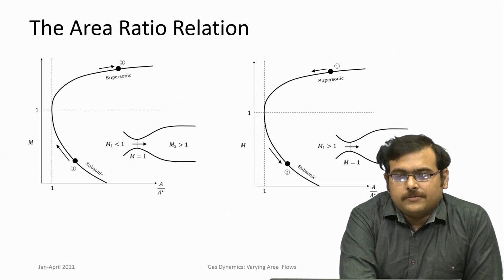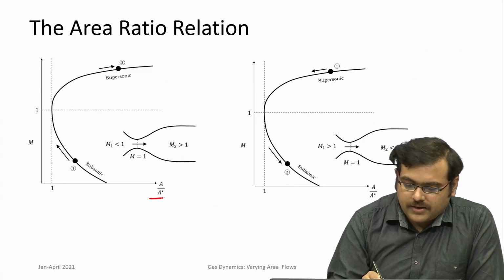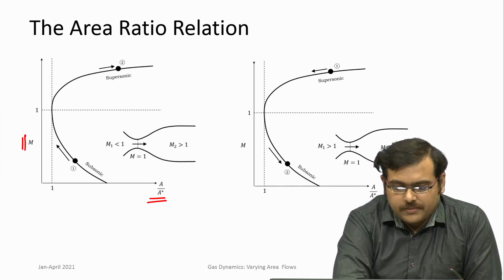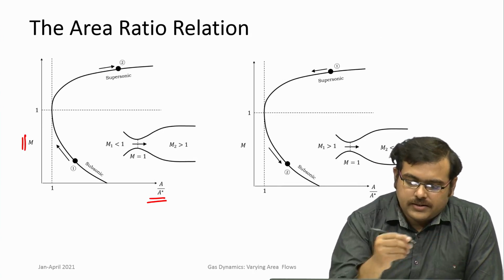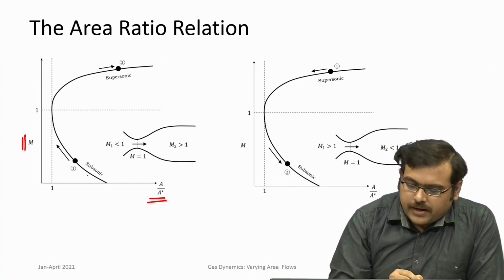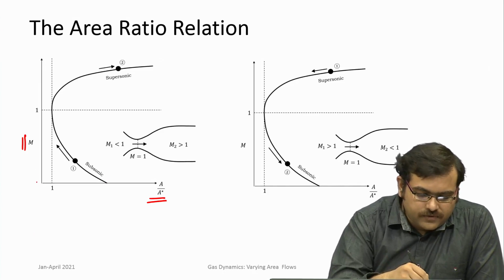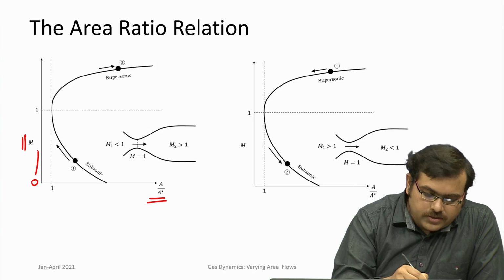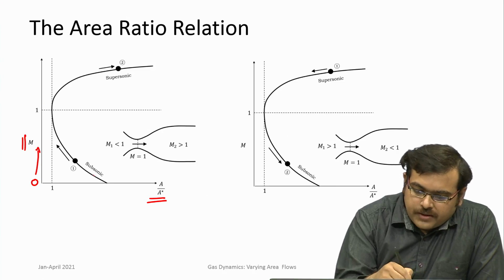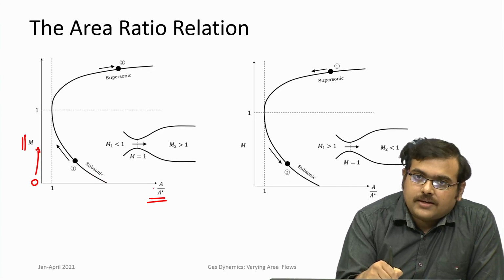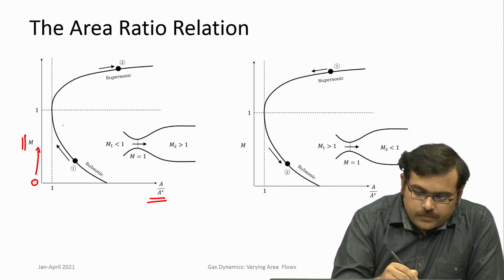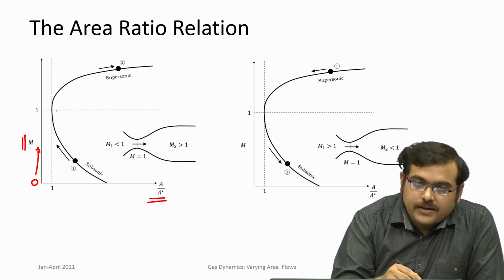So if you plot A by A star versus Mach number, here it is plotted, M versus A by A star, then you will find that as Mach number increases from subsonic flow, from very low Mach numbers, going up to Mach 1, the area ratio, that is A by A star, often referred to as the star area ratio, or sometimes just the area ratio, decreases.